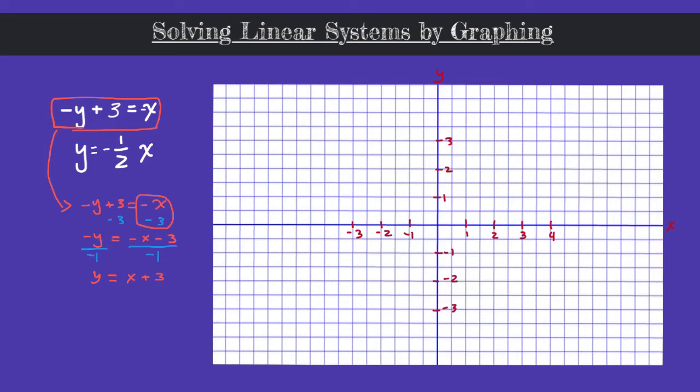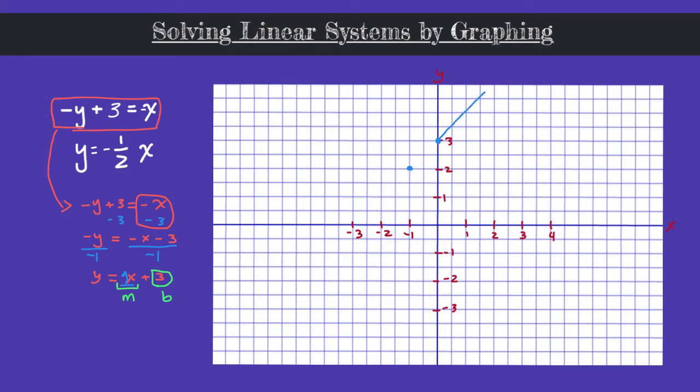So in this case, our slope is 1, and our y-intercept is 3. This is our b, and this is our m. All right, so the graph crosses the y-axis at 3, and for our slope, I can go up 1, right 1, or I can go down 1, left 1, and that's what I've chosen to do.